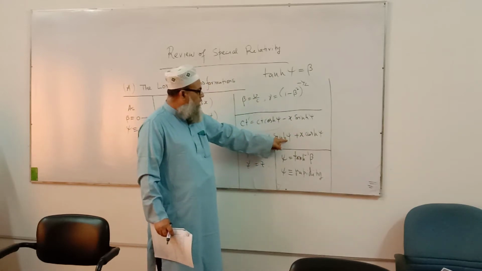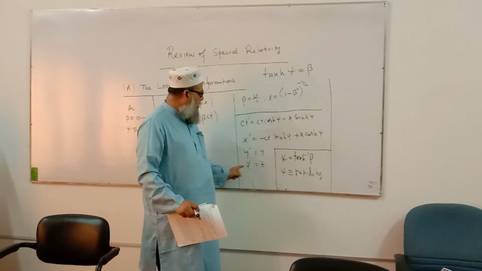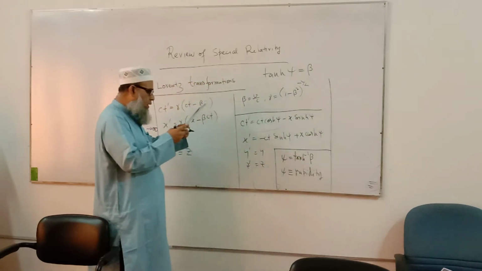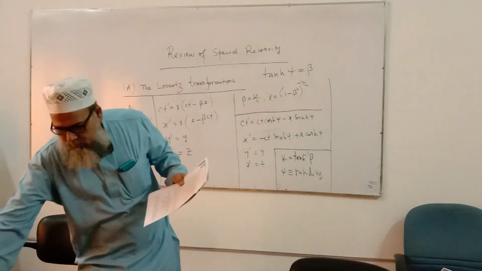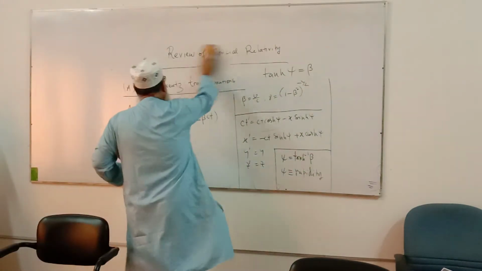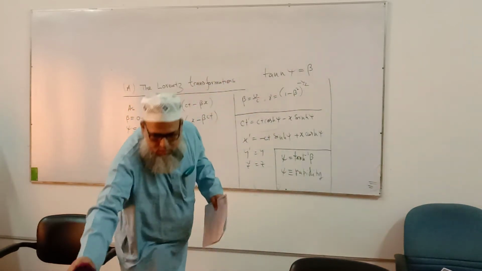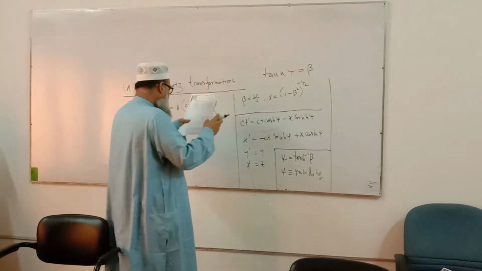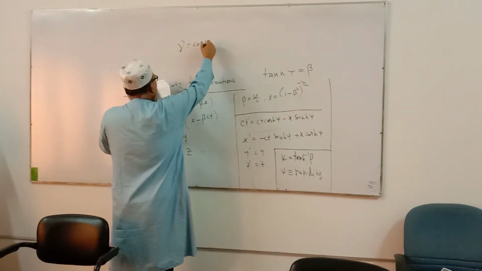Okay. So this form: ct prime equals ct cosh psi minus x sinh psi, x prime equals minus ct sinh psi plus x cosh psi, y prime equals y, z prime equals z. Here I need two relations. I am writing that. Gamma equals cosh psi.